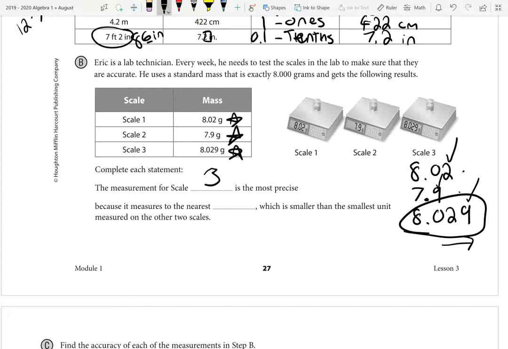Because it measures to the nearest, as we just mentioned, it goes all the way to the thousandths place. Remember, that's tenths, hundredths, thousandths. Which is smaller than the smallest unit measured by the other two. When it says smaller, I can see people getting confused. It just means more level of detail. As you go further to the right, you're dealing with smaller numbers.